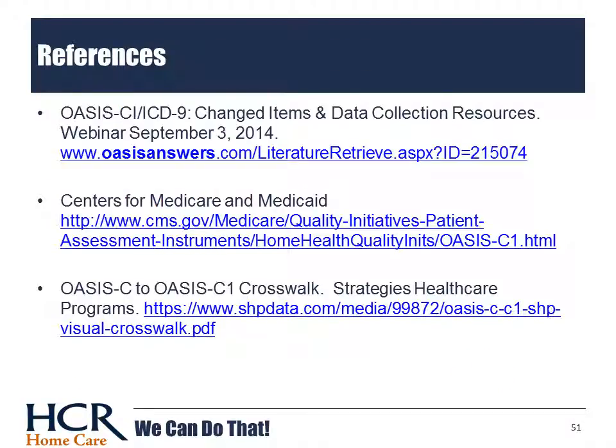So if you have any questions or you want more information about OASIS C1, you can go to any of the references on the screen here. The OASIS C1 ICD-9 changed items and data collection resources has been a primary source for this presentation. If you'd like to see a detailed webinar on the information from that, you can follow the link through OASIS Answers.